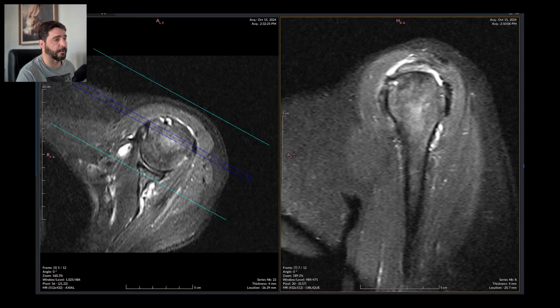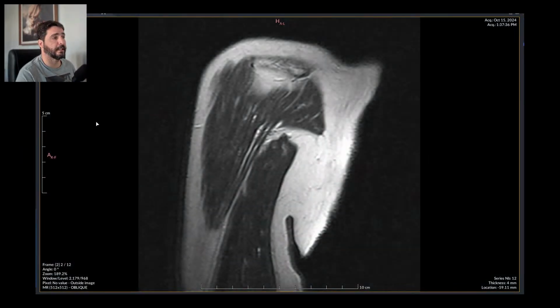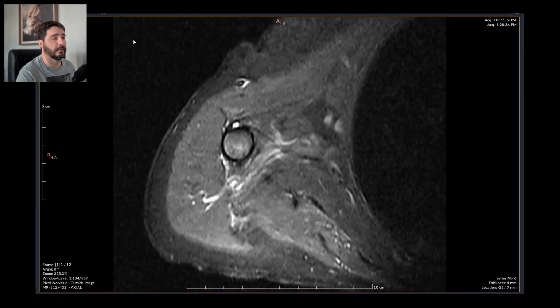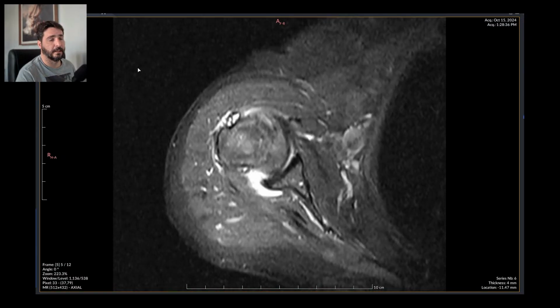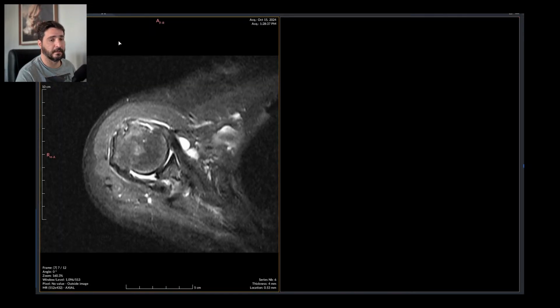So this is the left shoulder, and she also has a right shoulder scan, which is this one. Yes, and it seems quite similar indeed.